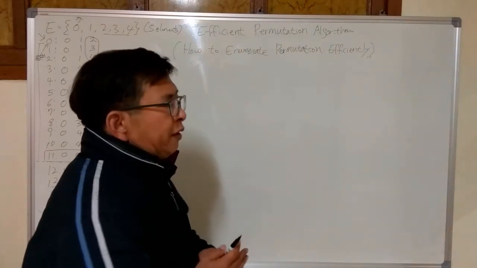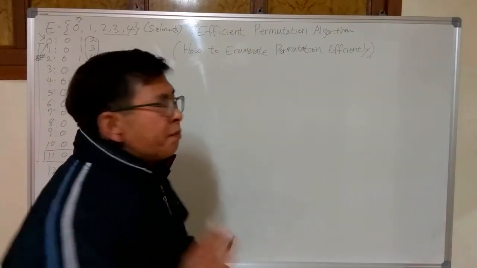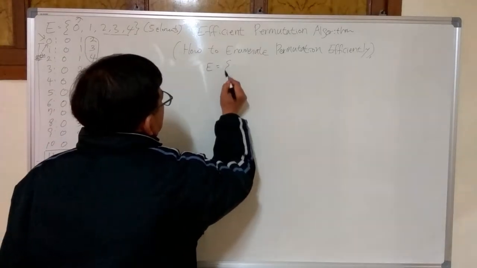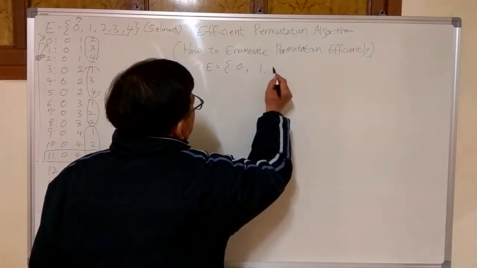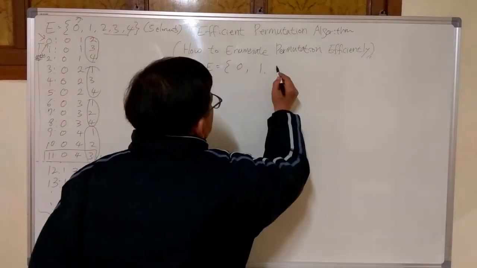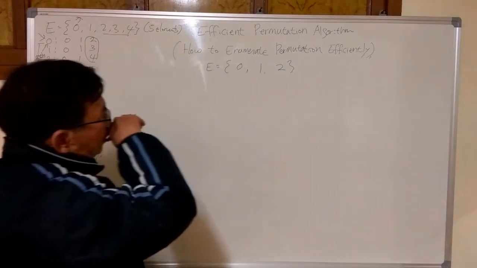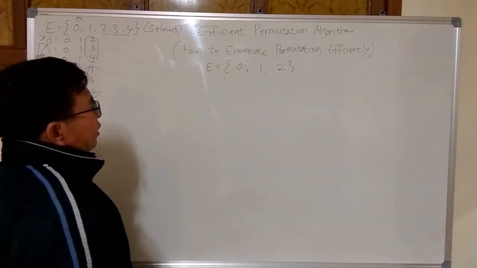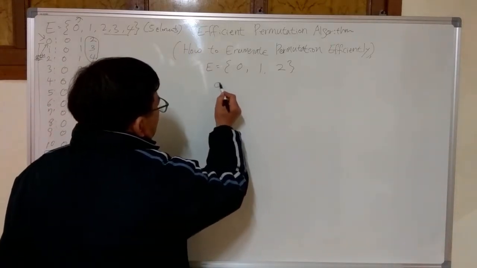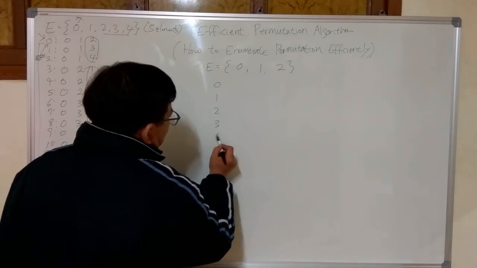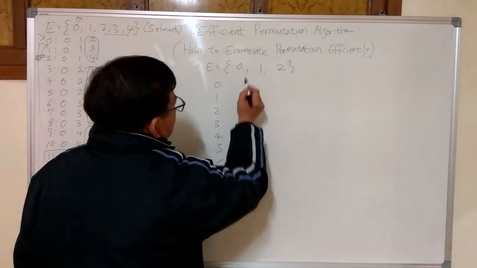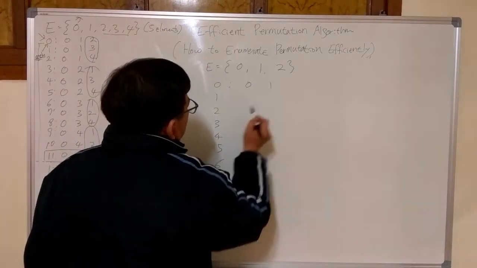Suppose we have three numbers, a set of 3 numbers, for example, E equals 0, 1, 2. We are choosing 2, with indices 0, 1, 2, 3, 4, 5. First, 0, 1.